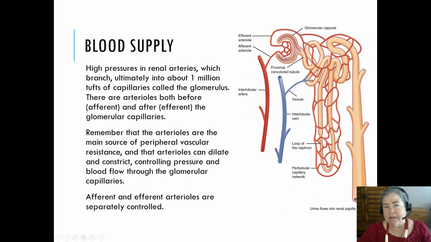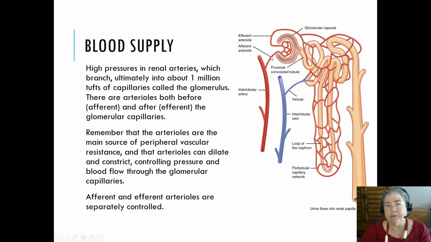In the glomerulus, it's a little bit more complicated because we have both an afferent and an efferent arteriole, which are separately controlled. And so one of them can constrict when another dilates, and different things that happen to these 2 arterioles affect the pressure in the glomerulus.